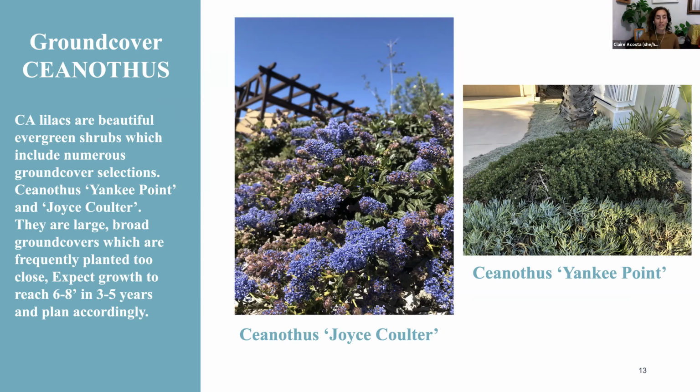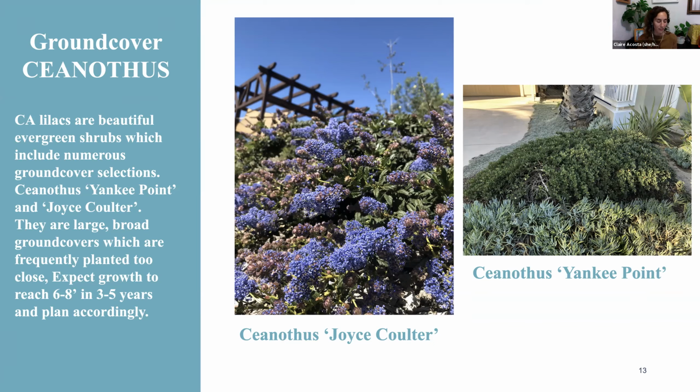So make sure to give them plenty of space, at least like 6 to 8 feet wide. If you plant them too close together, they actually start to grow upward. And then they kind of look like these strange, lumpy mound hedges, unintentional hedges. So make sure to give them plenty of space so they can actually spread out and act as a ground cover. Otherwise they go upright. So give them the appropriate space.